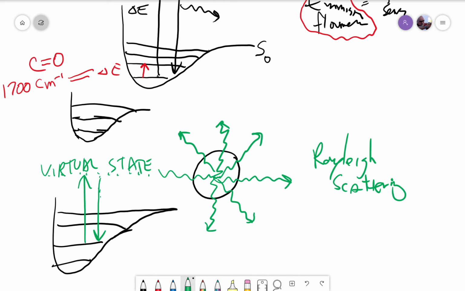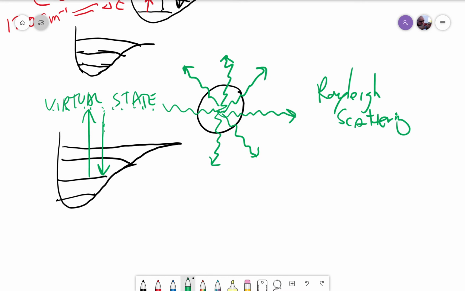But if it goes up and then falls back down, it's almost as though it was absorbed into a virtual state where we just hung out for a femtosecond or so and then was re-released back to the ground state. This virtual state is the basis of Raman spectroscopy.